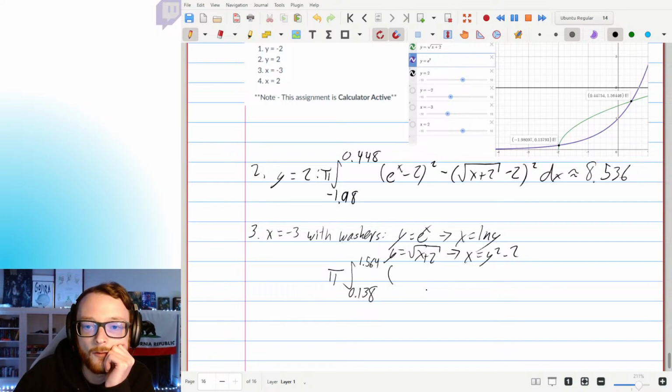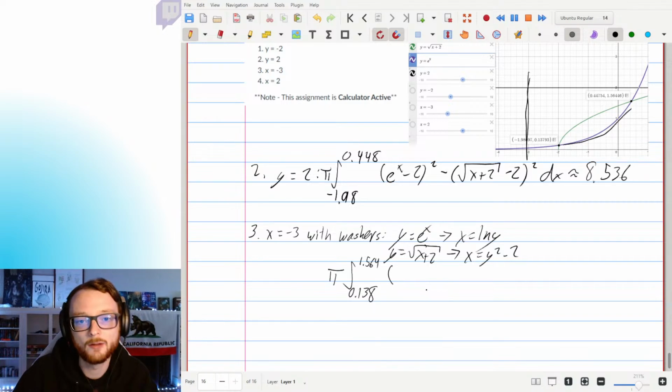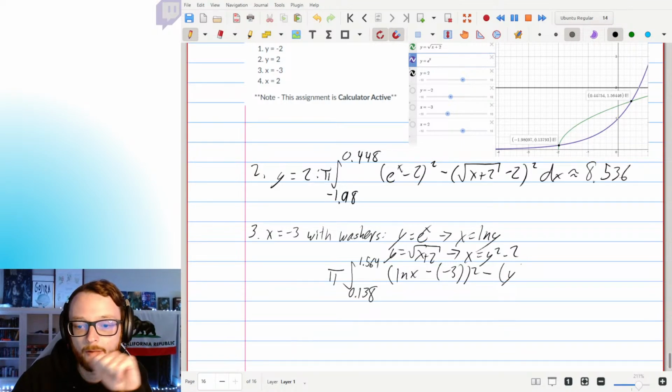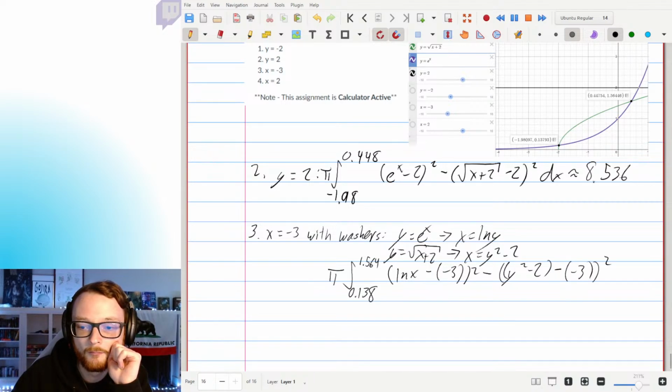So if x is -3, then the outer function is the ln x. The inner function is y squared minus 2, dy.